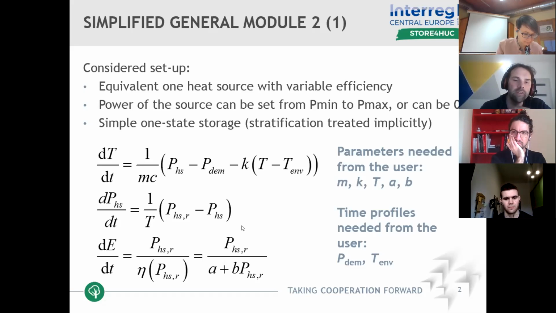And this E on the left-hand side is the model of the primary energy we need to use to run our storage. For instance, for the case of Whites, this would be the energy contained in biomass that is used to run our boilers.